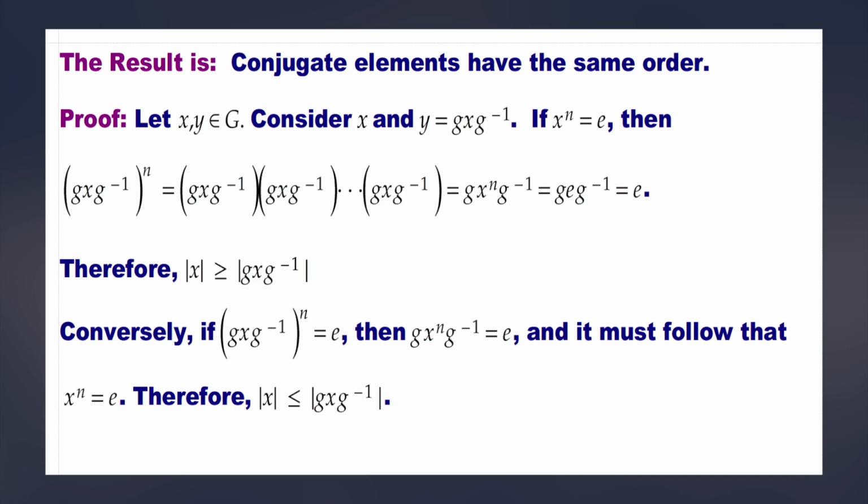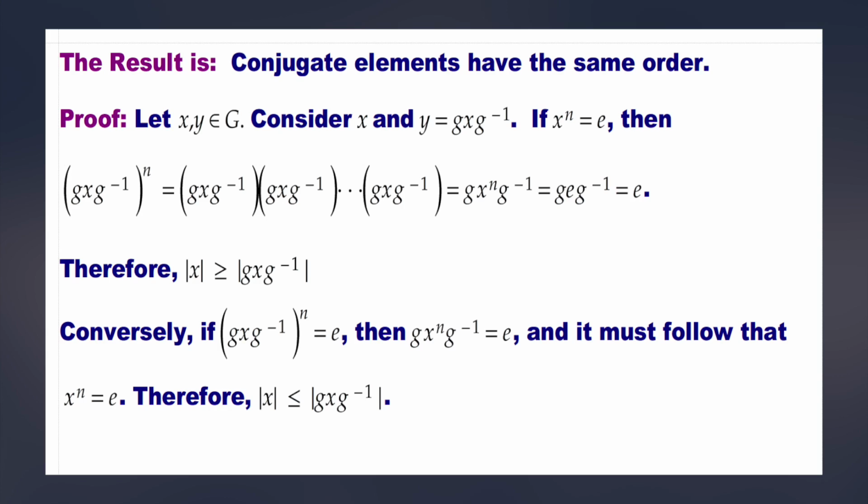Let us find out the order of the conjugate element in the coming result. The result is: conjugate elements have the same order. Let us prove this. Let x, y in G. Consider y is equal to Gx G inverse. That is, x and y are conjugate to each other.